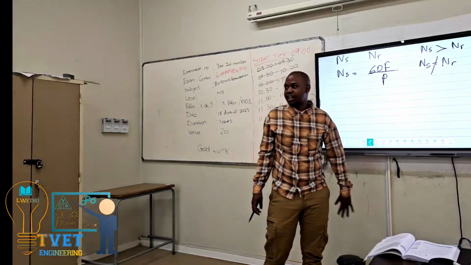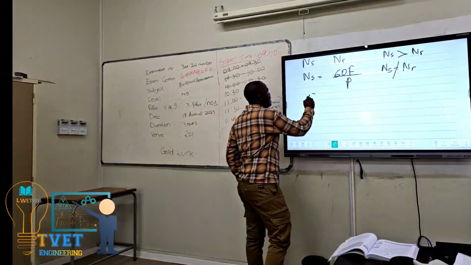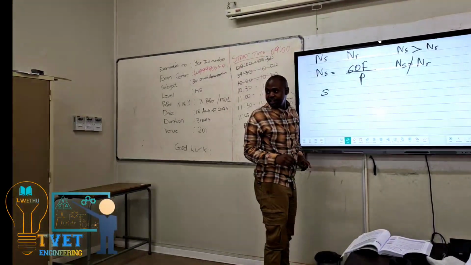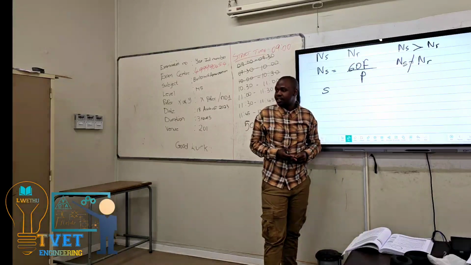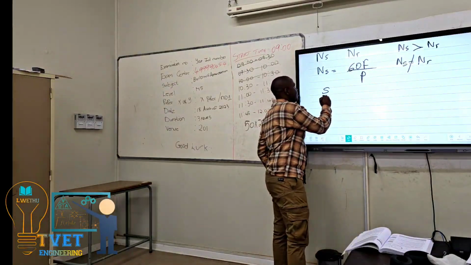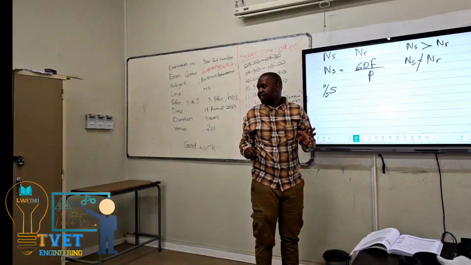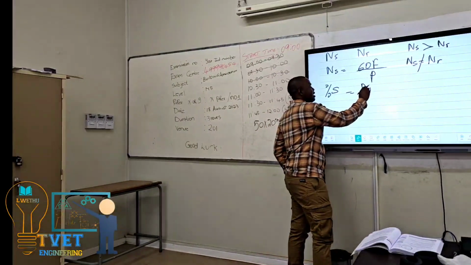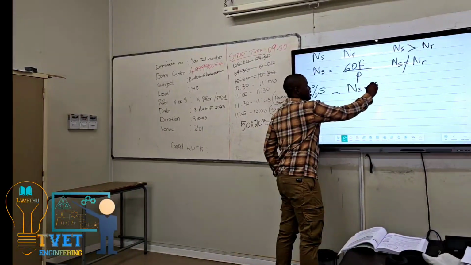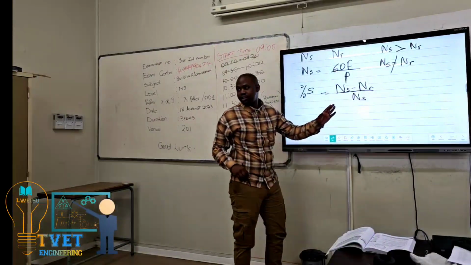It's not practical. Slip is the difference between the synchronous speed and the rotor speed, measured as a percentage value. Slip is a ratio calculation: Ns minus Nr over Ns.